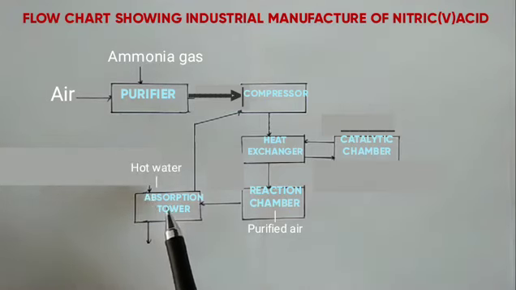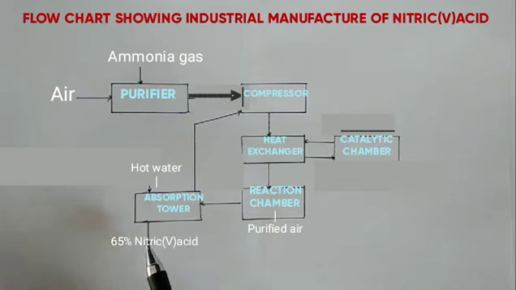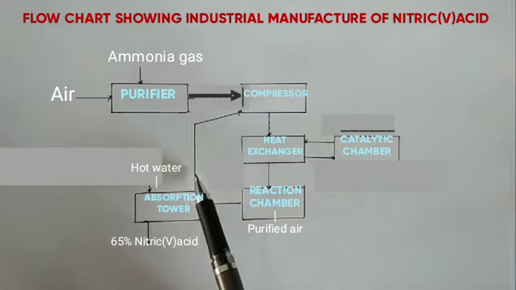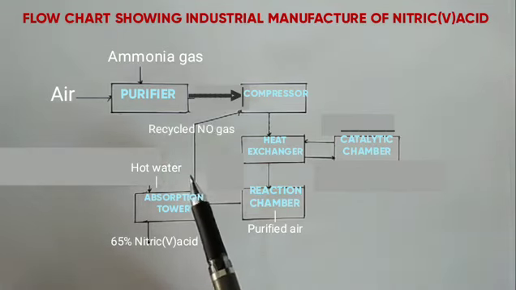They react with nitrogen 4 oxide to form nitric 3 acid and nitric 5 acid, where the nitric 3 acid is oxidized to nitric 5 acid, so you get about 65% nitric 5 acid, and unreacted nitrogen 2 oxide is recycled back to the compressor.